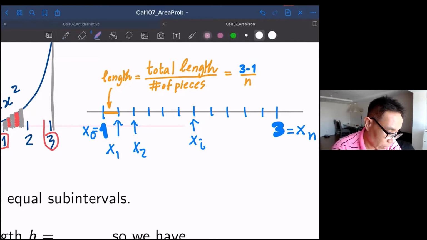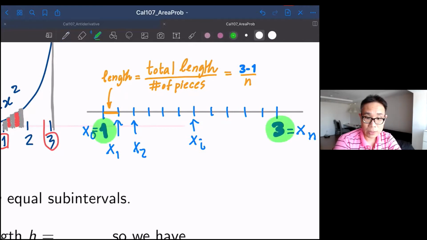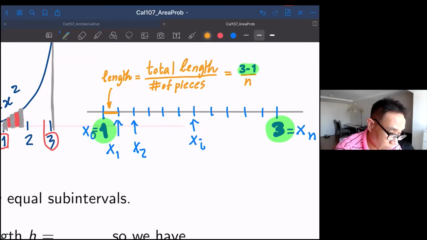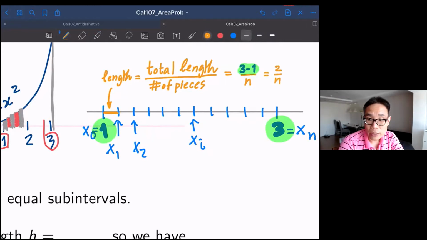It is because you have number 3 and number 1 here. Okay, so this guy will be 3 minus 1. Okay, and so you would get 2 over n. Okay, so you get 2 over n, and then what?